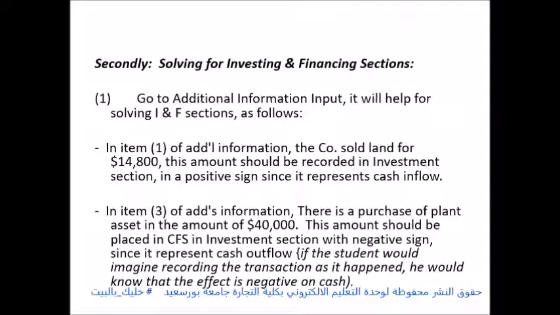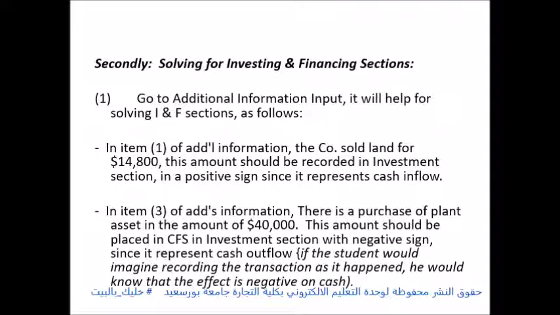Secondly, solving for the investing and financing sections. If you finish the first part, which is related to operations, that means you have finished 70% of the cash flow statement. Why? Solving for investing and financing does not need any new information.